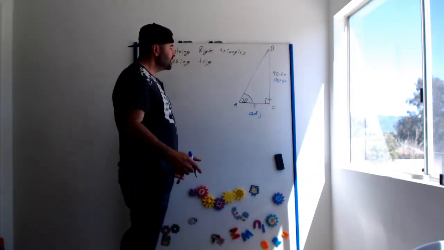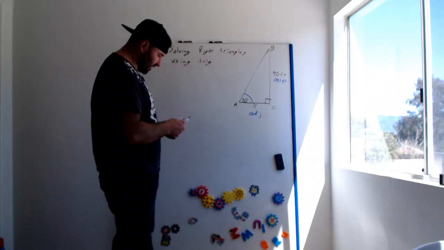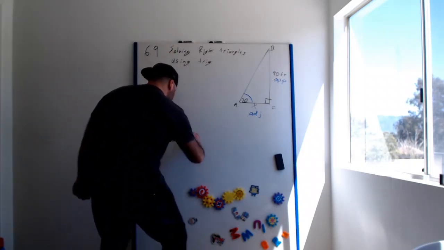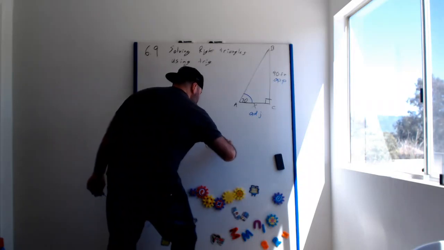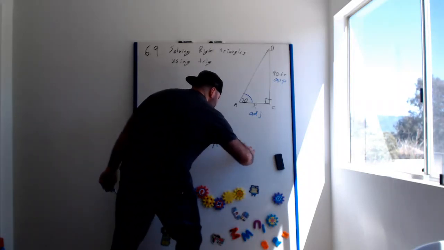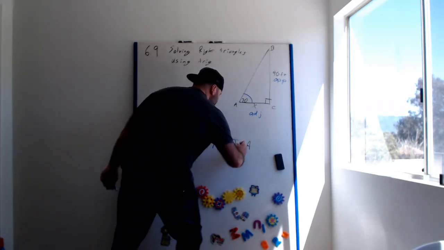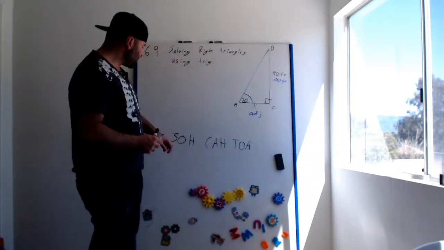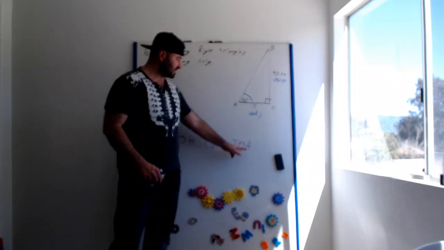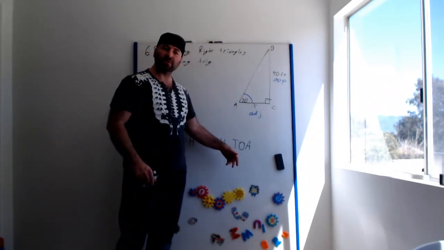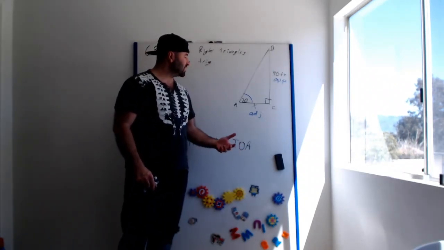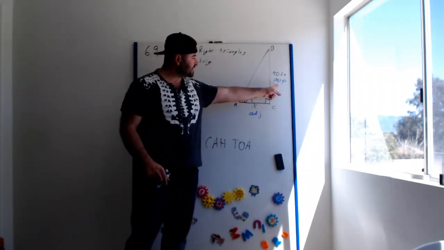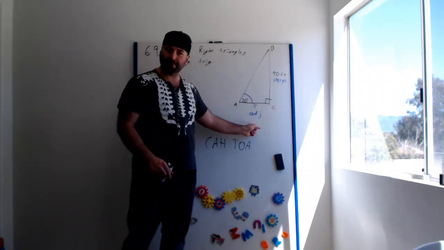So if we have our three trig functions, SOH CAH TOA, of the three trig functions, sine, cosine, and tangent, which one of those requires me to use the side opposite and the side adjacent?